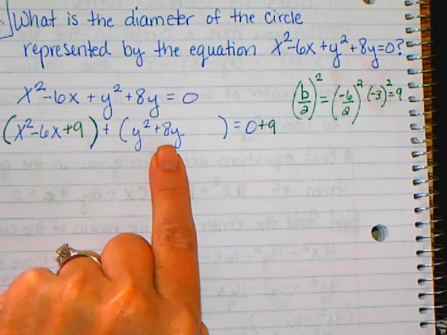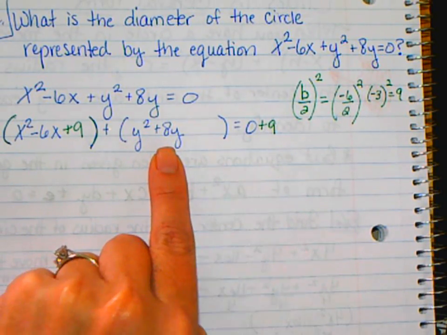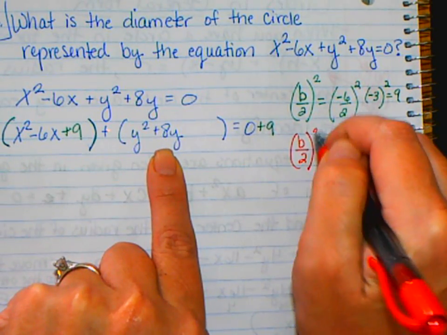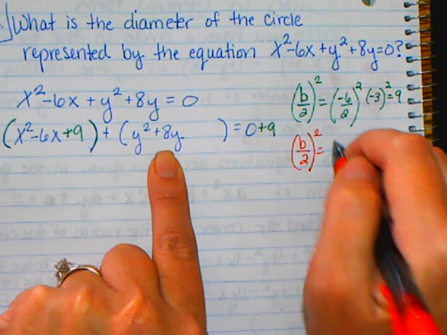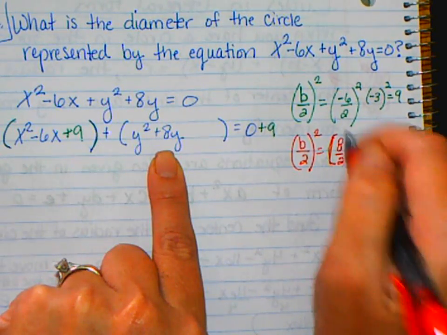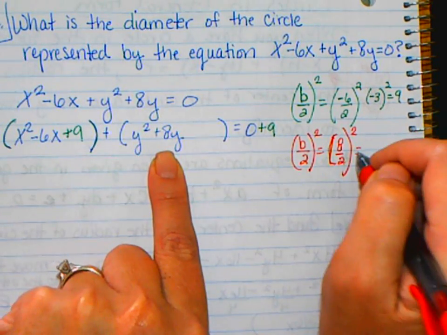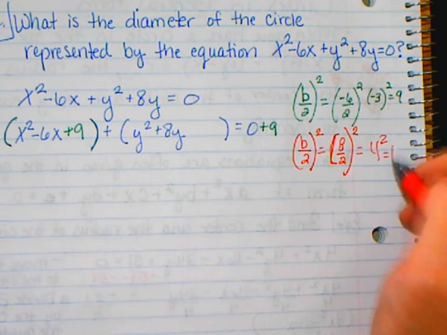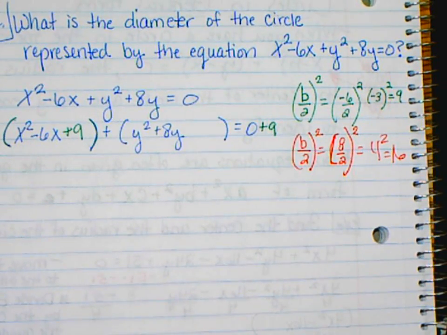Now look at my other parentheses, the ones with the y's. I need to create a PST here, so I'm going to do the same thing. I'm going to take my b, divide it by 2, and square it. It's 8 divided by 2, quantity squared. So 8 divided by 2 is 4, and 4 squared is 16.